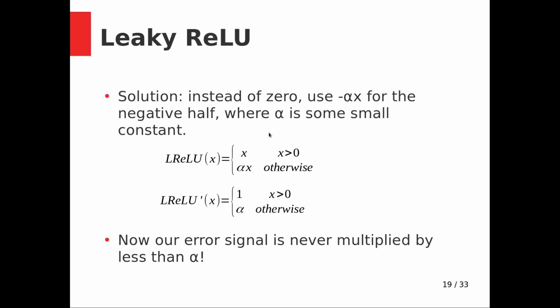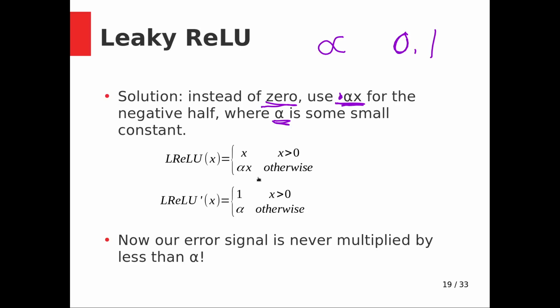So the solution to the Dying ReLU problem is the Leaky ReLU. So instead of 0 for the negative half, we use alpha x, where alpha is some very small constant, right? So let's call it 0.1 or so.